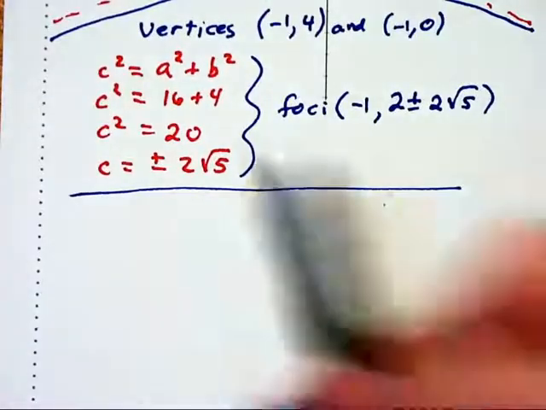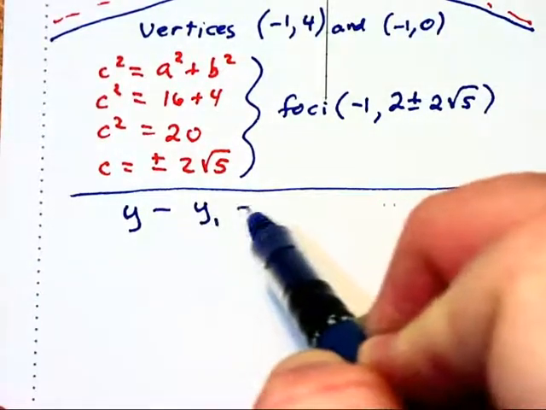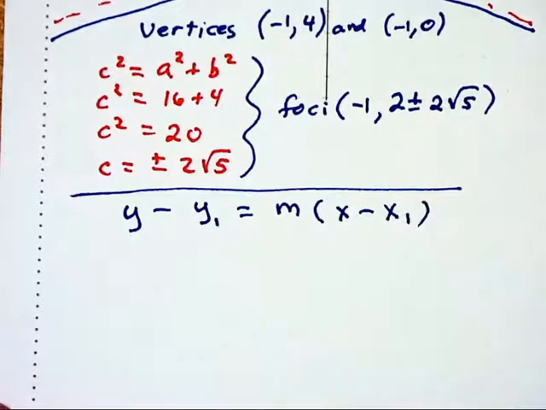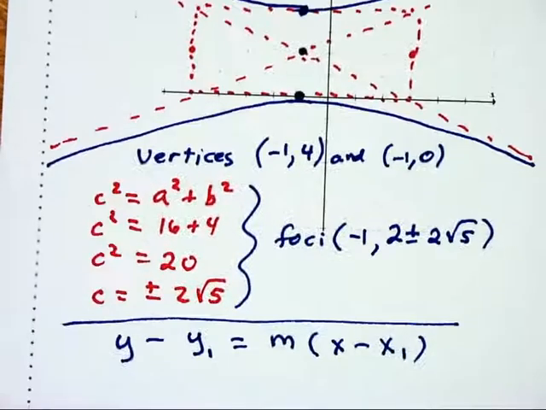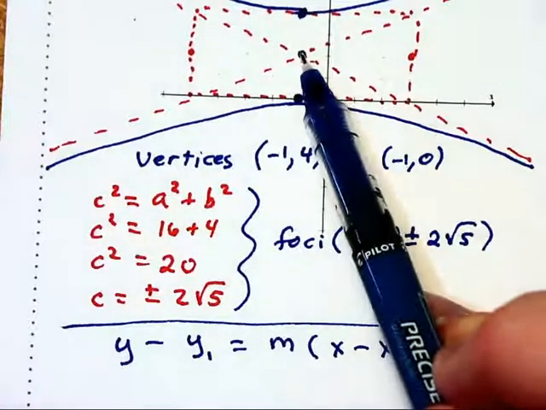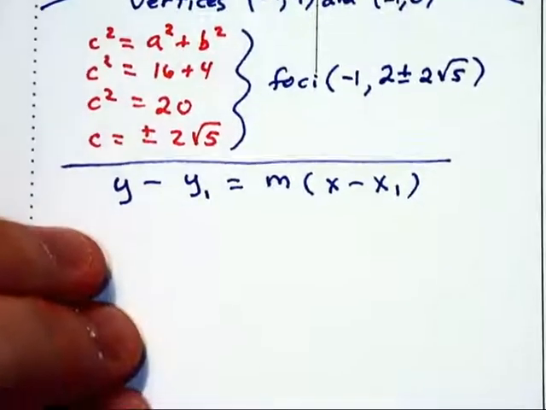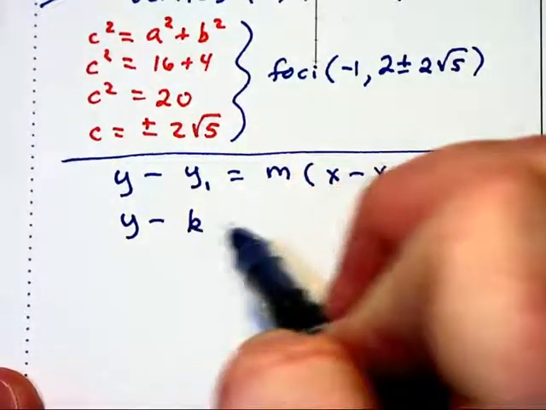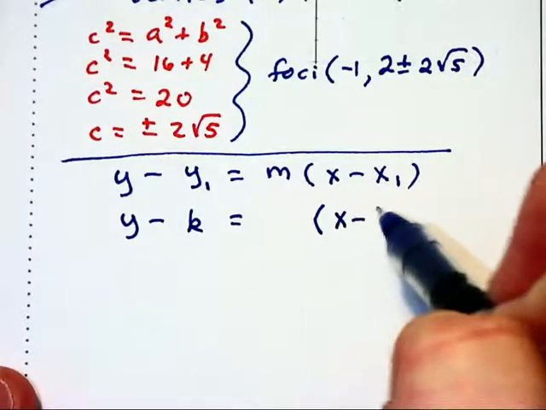You know that all lines can be written in point-slope form as y minus y1 equals m times x minus x1. And we also know that the center, if we look at our picture, will be a point that's on both of these asymptotes. So that will be the point we're going to use in this point-slope formula, and we will have y minus k is equal to m times x minus h.